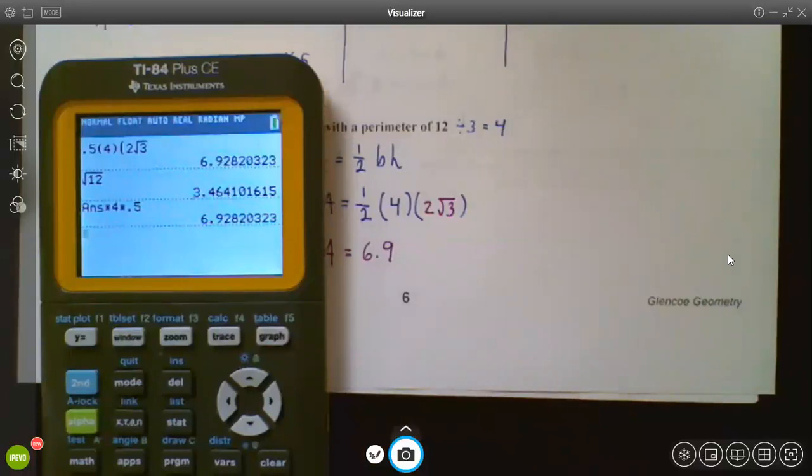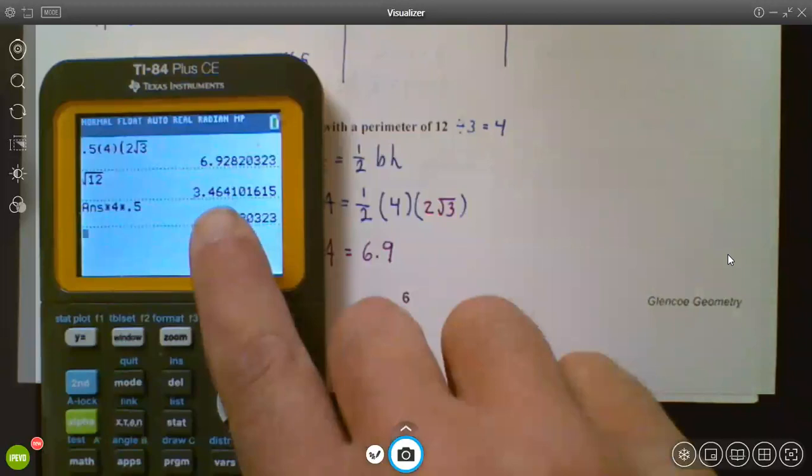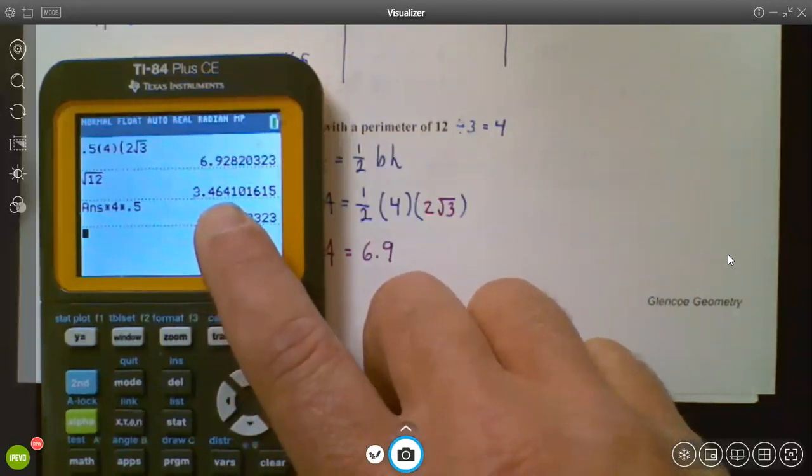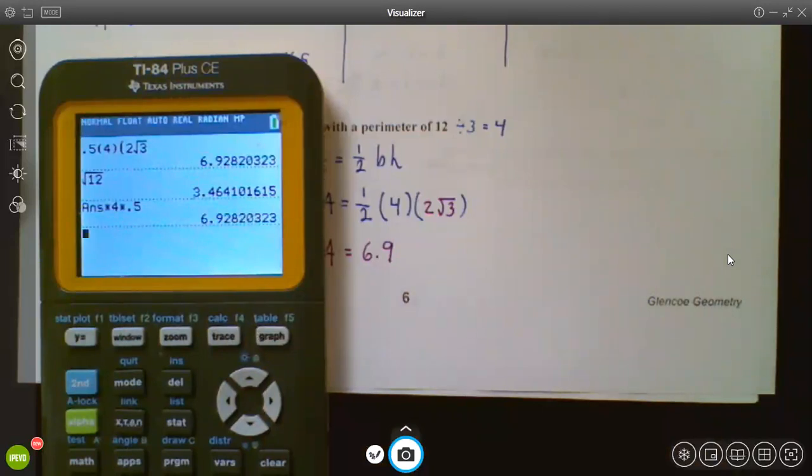So that's why I would always recommend try not to round in the middle of the problem because it might affect your ending result. What you could do is just round a little deeper. Like 3.5 is a pretty shallow rounding in the middle of a problem. If you would have used maybe 3.464, we probably would have still gotten 6.9. So if you're going to round in the middle, round deeper so that your ending result is more accurate.